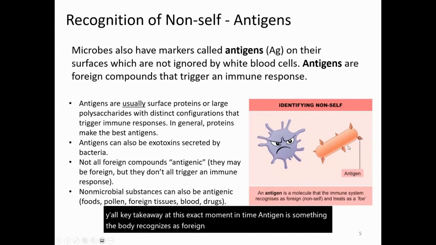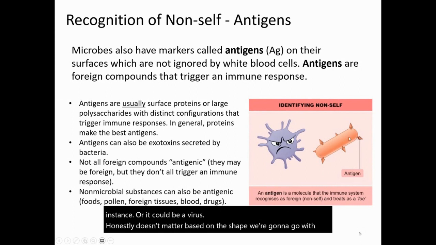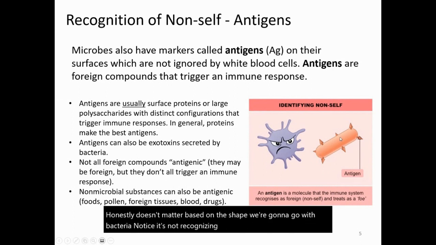Notice this entire bacteria, for instance, or it could be a virus, honestly, it doesn't matter. Based on the shape, we're going to go with bacteria. Notice it's not recognizing the entire thing as foreign. It's a specific part of the pathogen that the body's like, ooh, hey, these little triangular molecules, they should not be here. And so this is what we're going to be talking a lot about.